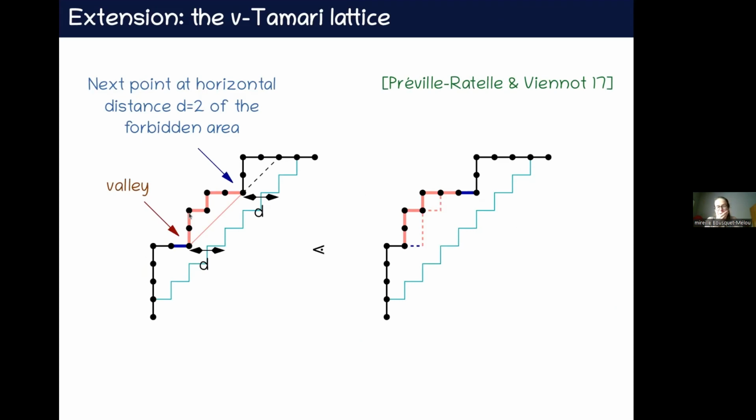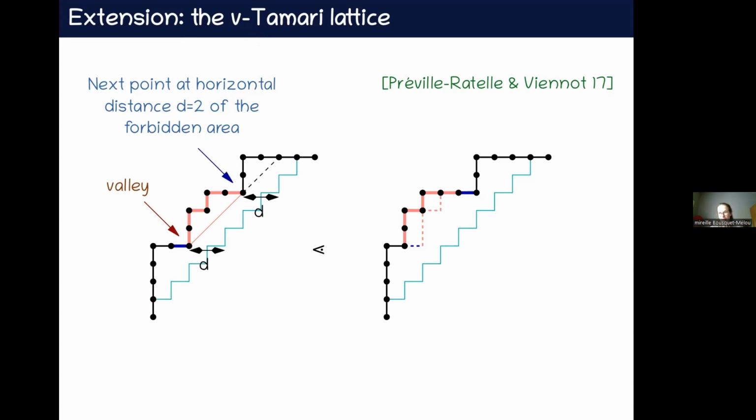Very recently, or somewhat recently, an extension was defined to walks lying above any v, so not necessarily a stair. And this was constructed by Louis-François Préville-Ratelle and Xavier Viennot.